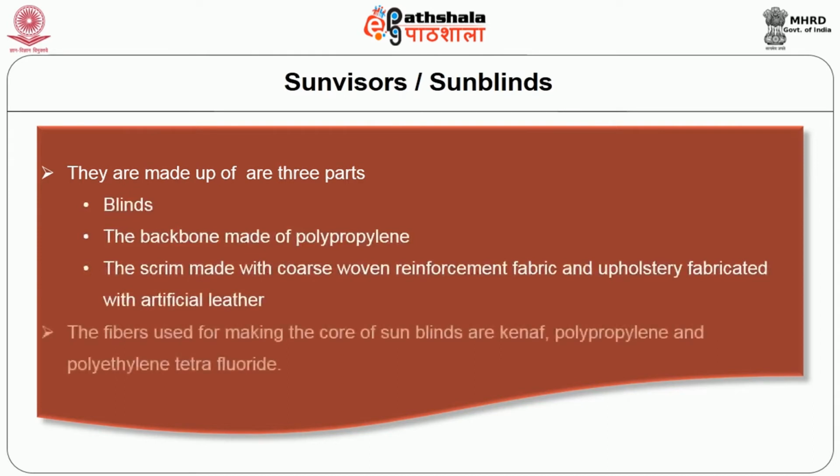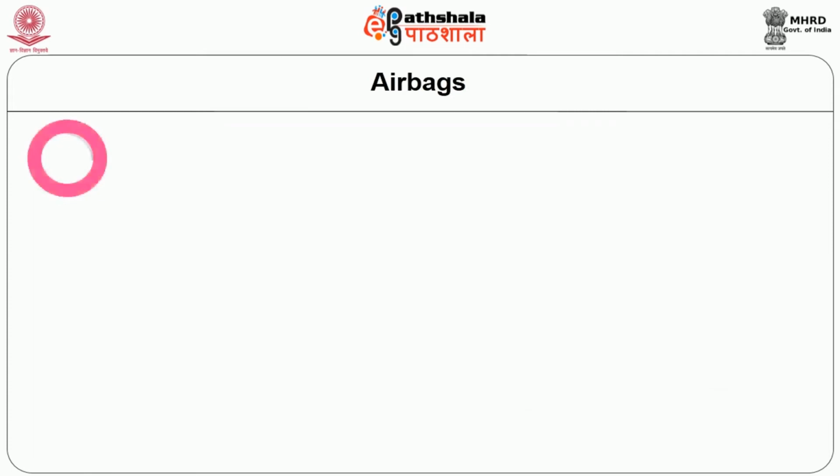They are made up of three parts: the backbone made up of polypropylene, the screen made up of coarse woven reinforced fabric, and the upholstery fabric with artificial leather. The fibers used for making the core of sunblinds are polypropylene, polyethylene terephthalate or blends of these.